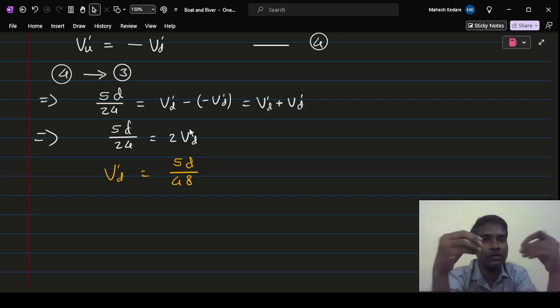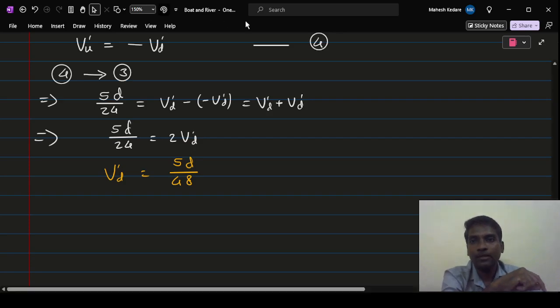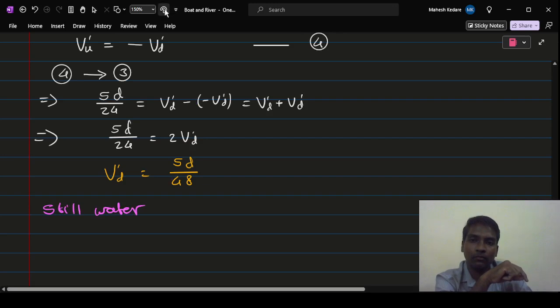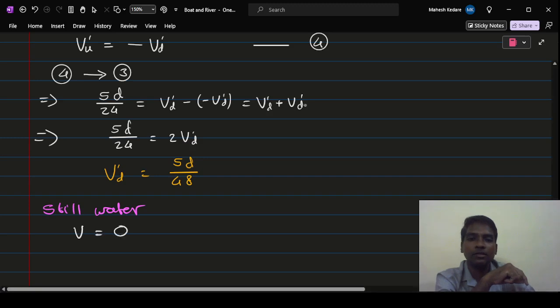River is not flowing, so it will not contribute to the speed of the boat. So speed of the boat is solely due to the boat engine. So now we talk about the case of still water. When it is still water, the speed of river is 0.